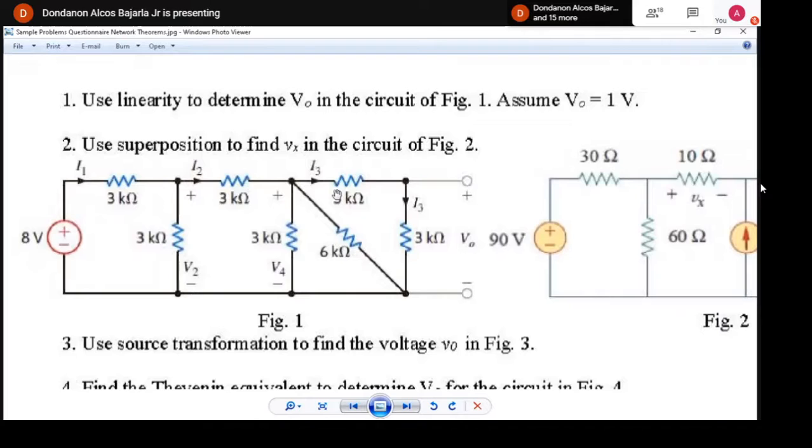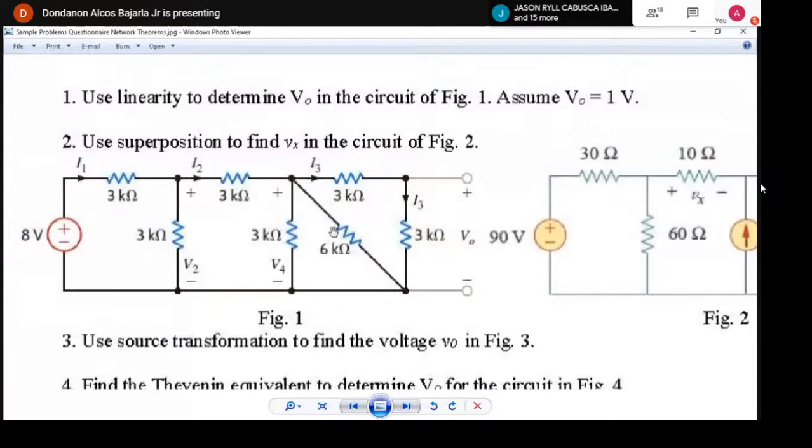We're given a circuit which, if we inspect it, is linear, since it consists only of linear elements. Being a linear circuit, we can use the proportionality principle to arrive at the actual value of V sub O by assuming a value of 1 volt. How do we go about this?